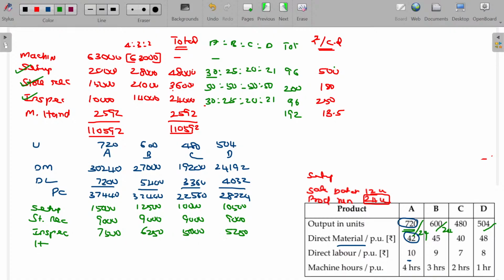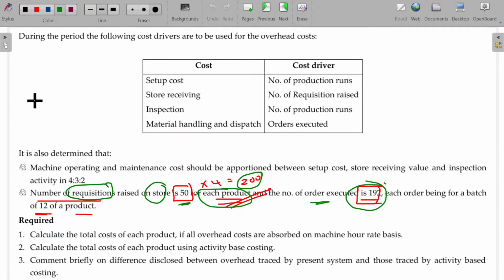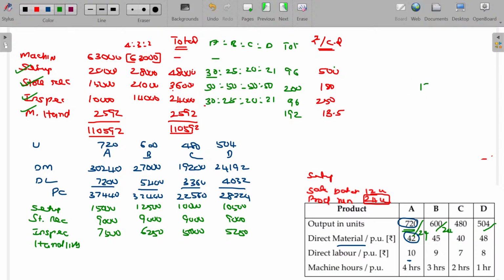Handling costs, material handling. 192 orders executed, each order being a batch of 12 of your product. So 192 into 12.